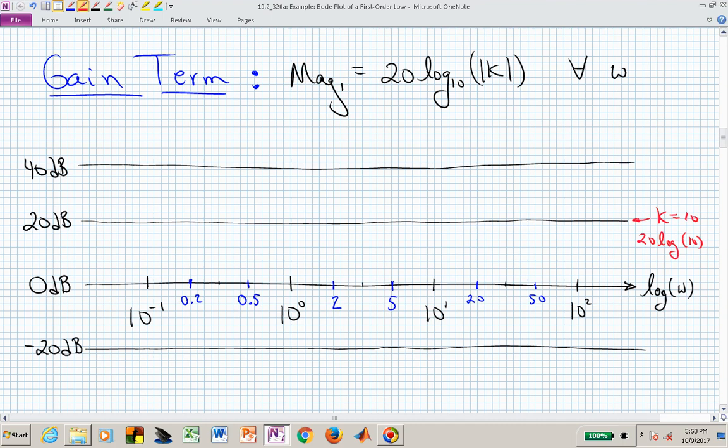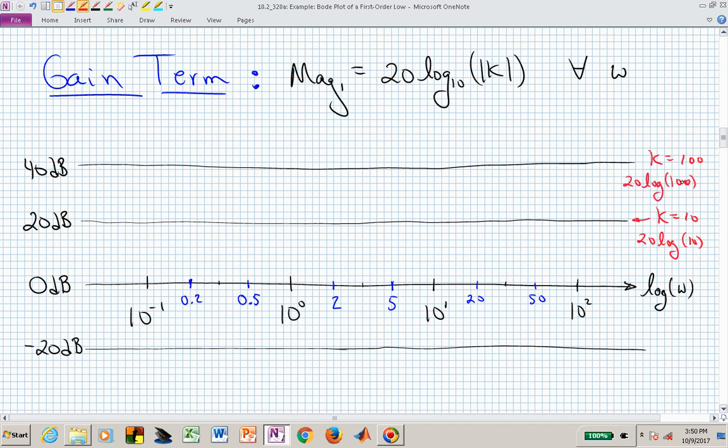And the dB now allows us to sketch a wide range of magnitudes on a not large section of our paper. What would correspond to 40 dB? Well, now if we looked at K equal to 100, now we have 20 times the log of 100.